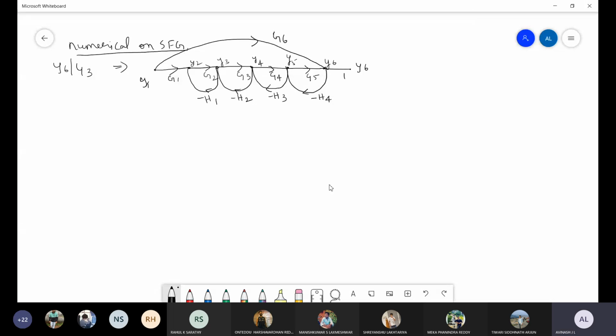In that signal flow graph, in the last class we told you that if they give y6 by y3, how to calculate. Very simple. You make it like y6 by y1 divided by y3 by y1. So y1 and y1 will get cancelled, and we will be left with y6 by y3. To calculate this, y6 by y1 is a normal procedure.